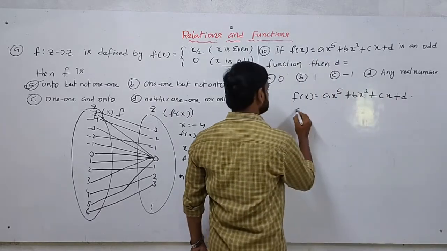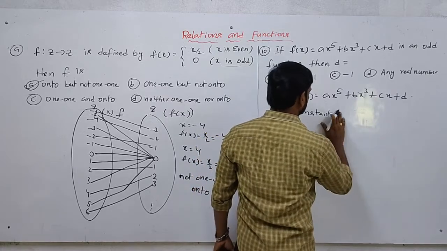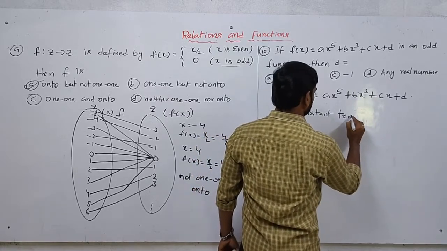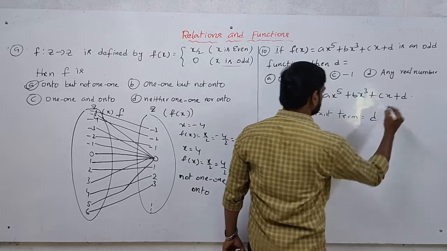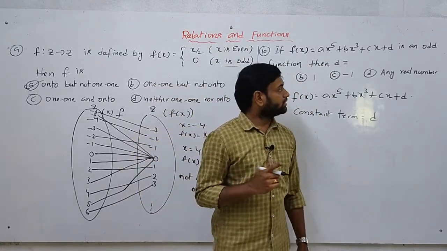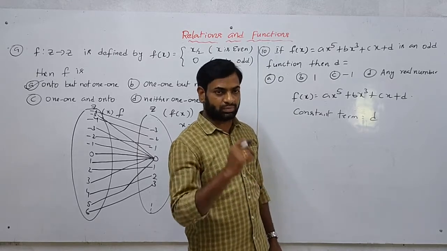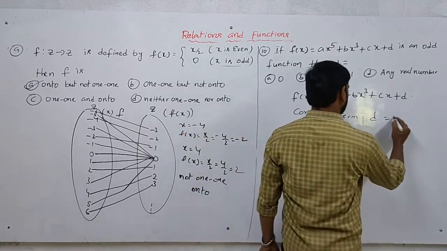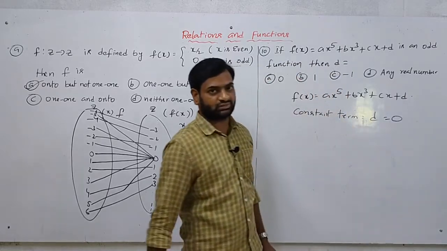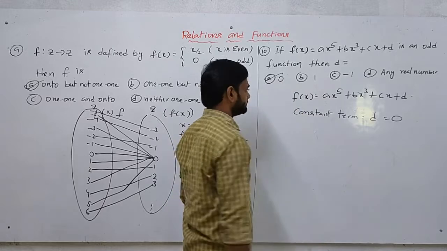Here the constant term is d. It is the compulsory condition. Remember this: any odd function means the constant term is 0. That is fixed. So the answer is A.